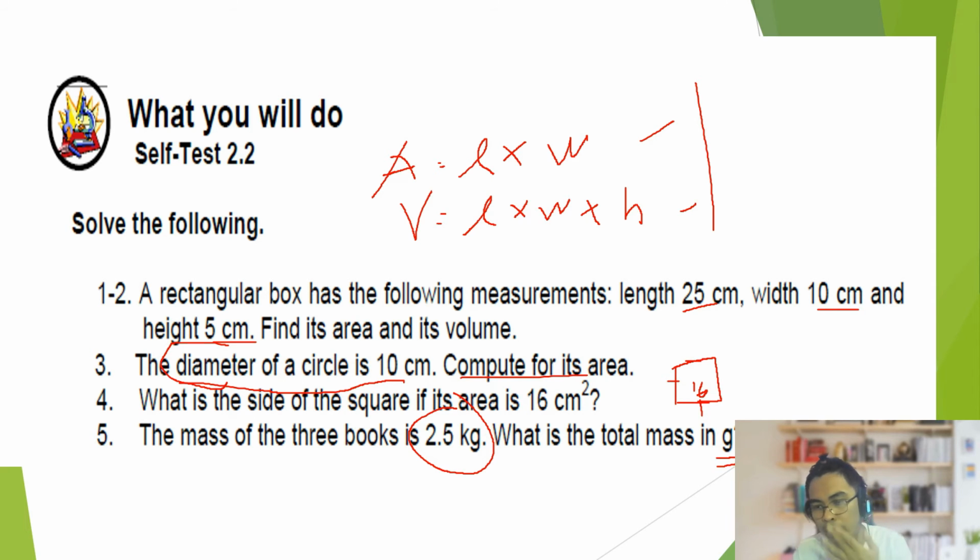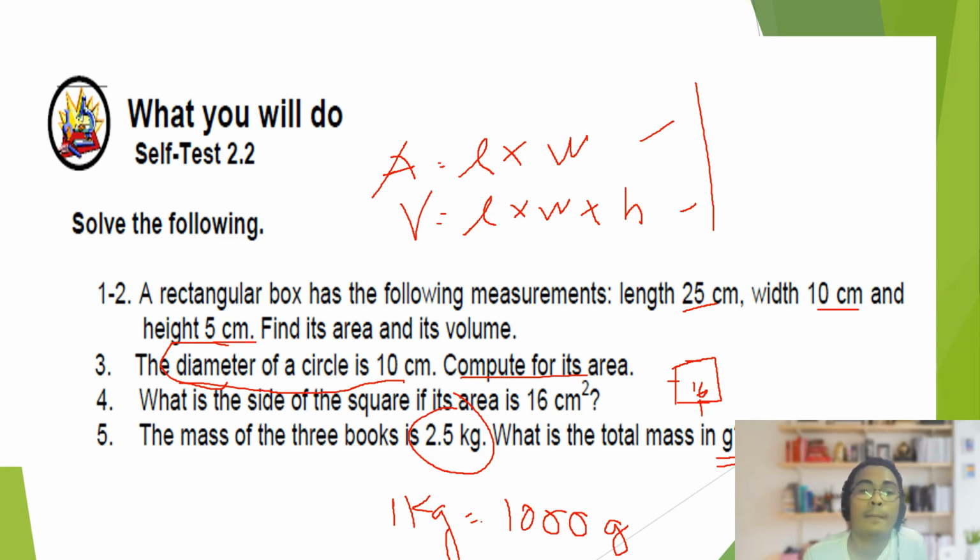It's the same with rice: for every 1 kilogram of rice, how many grams are there? That is 1,000. So 1 kilogram is equal to 1,000 grams. So that's how you will do self-test 2.2.